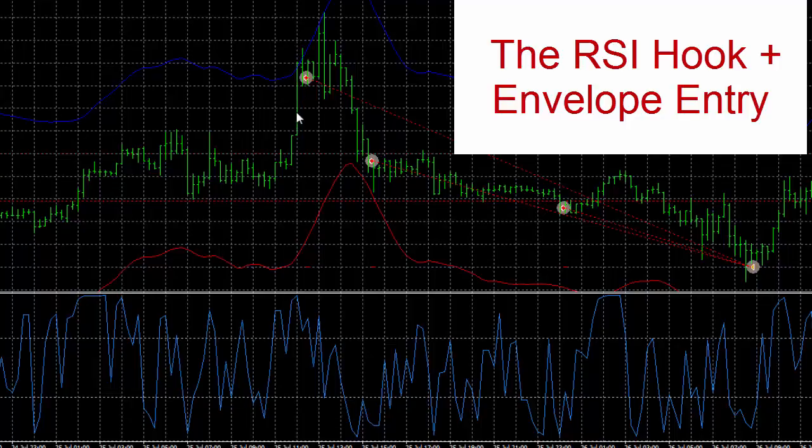As you can see, the price went outside of the envelope, came back, and on the open of the next candle, the transaction was entered. At the same time, below, you will see that the RSI has made a strong hook and hook back. So those are the entry conditions for this selection. That's how that selection works.